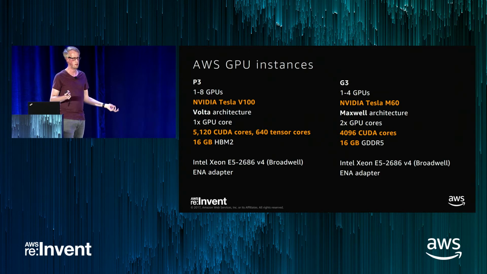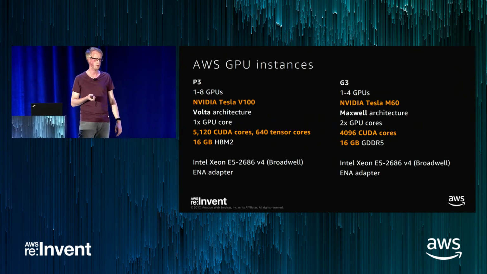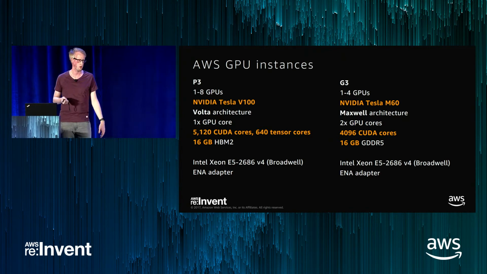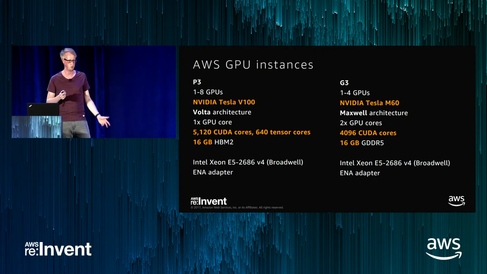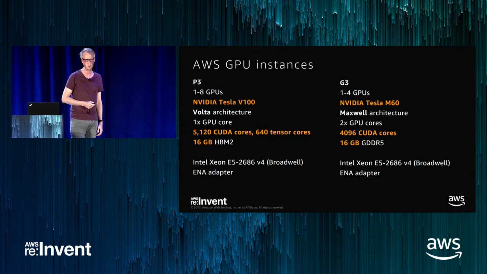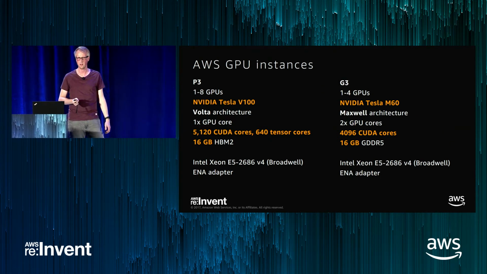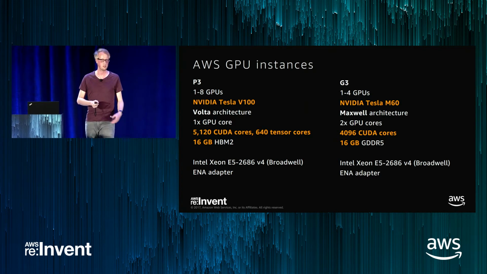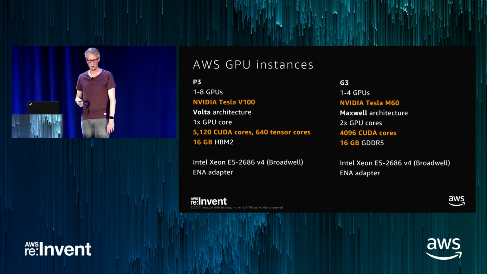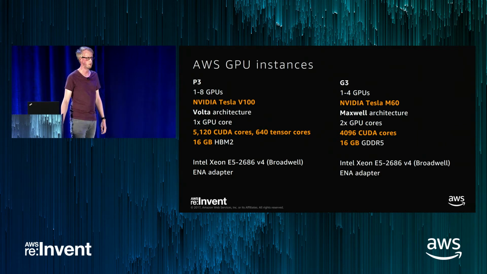They're based on the Maxwell architecture, so it's a different microarchitecture inside the GPUs. And then you can just select if you want 1 up to 8 GPUs, or 1 up to 4 GPUs. And then they have plenty of CPU capacity and plenty of memory in there as well. So these are really, really powerful machines we can use to build this configurator.